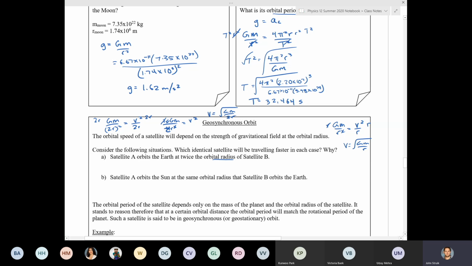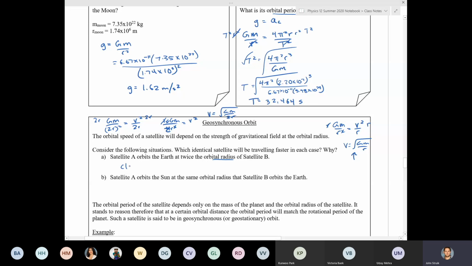So which one's faster? This one's faster. We have a 2 in the denominator, which means the answer is going to be smaller. So the one that's closer is going to be traveling faster.